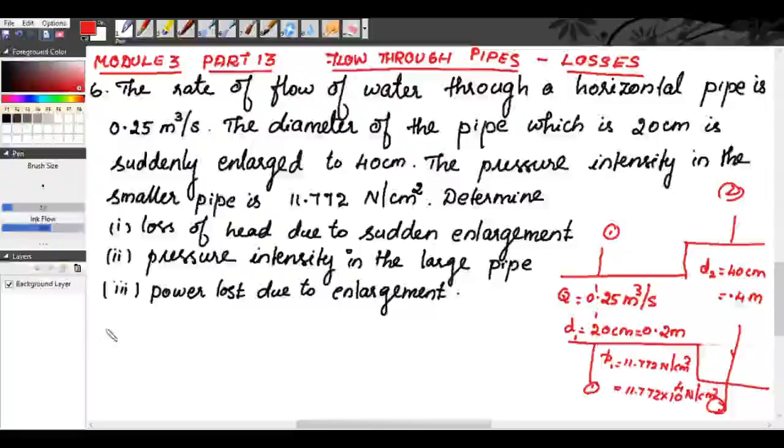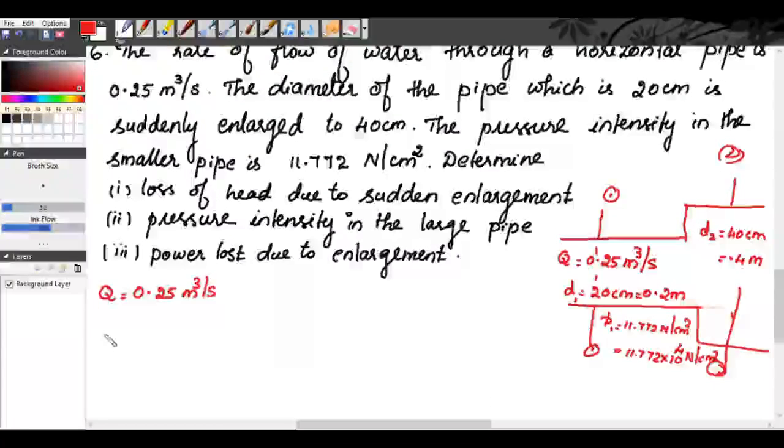So first of all, discharge is given as 0.25 meter cube per second. D1 and D2 are given. D1 is equal to 20 centimeter, that is equal to 0.2 meter, and from this we can obtain A1, that is area 1.